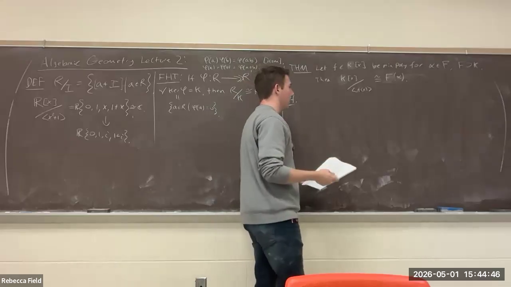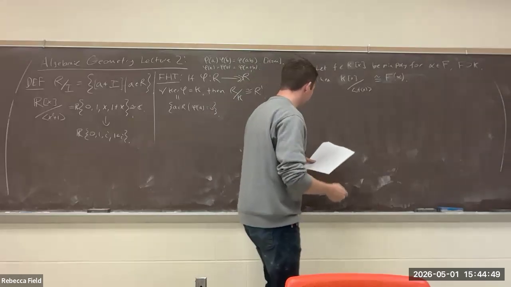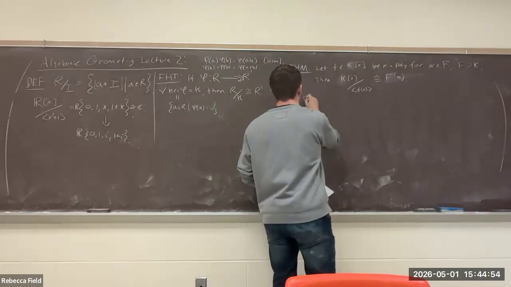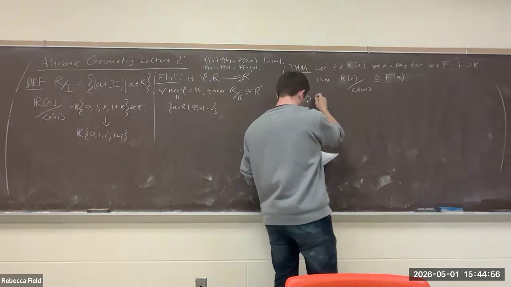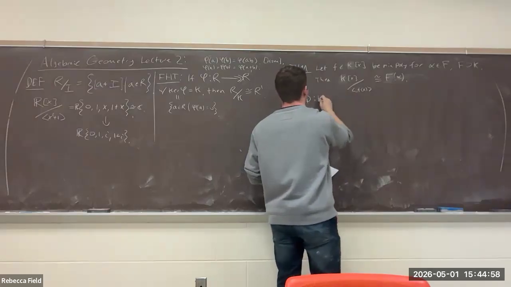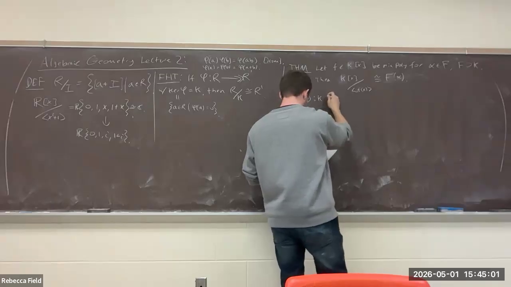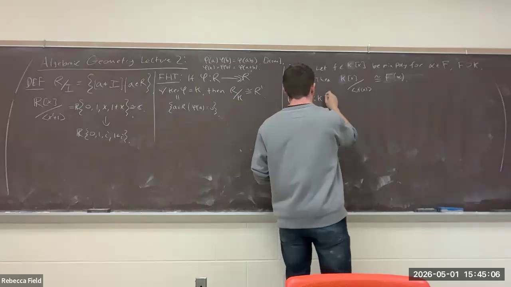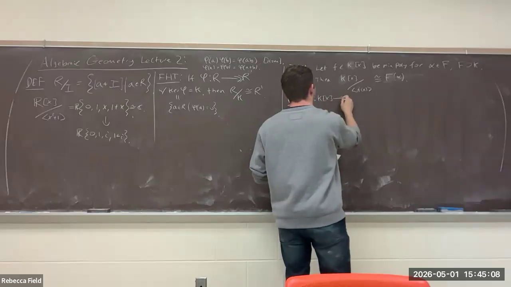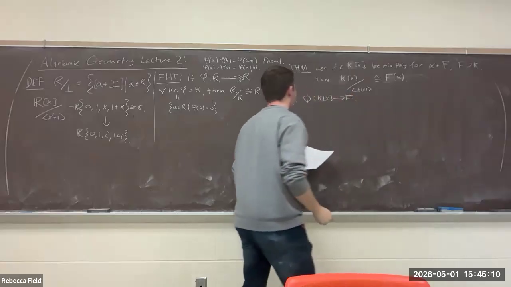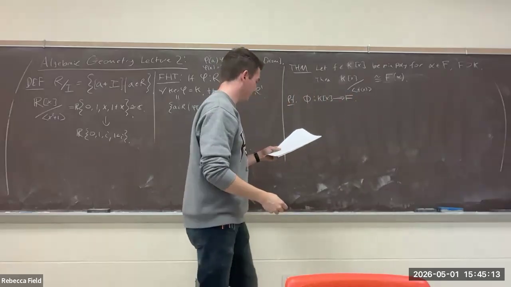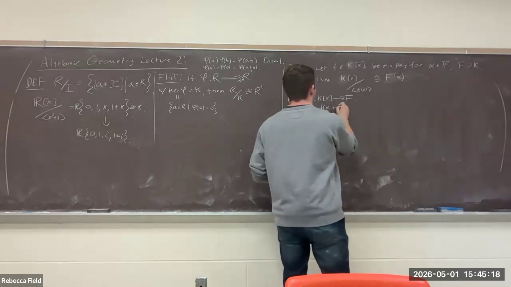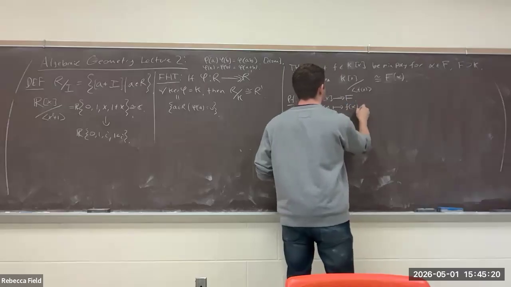So we're going to define an evaluation map, and I'm going to call this capital phi, from K of X to F. So again, think Q of X to C. That sends a polynomial f of X to its evaluation f of alpha.